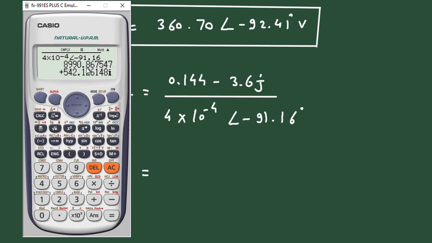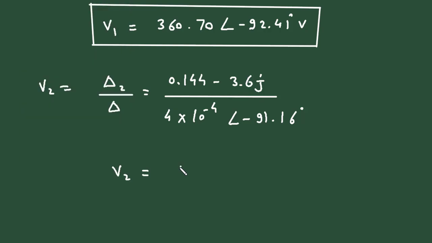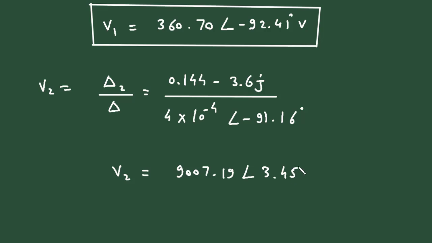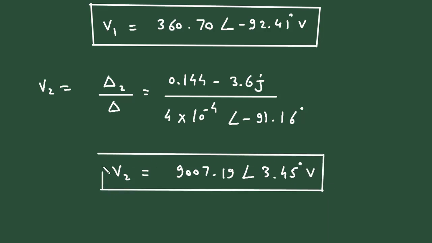So it is equal to this much in rectangular form. In polar form, shift to 3, it is 9007.19 at an angle 3.45 degree volt. So this is the answer for V2.